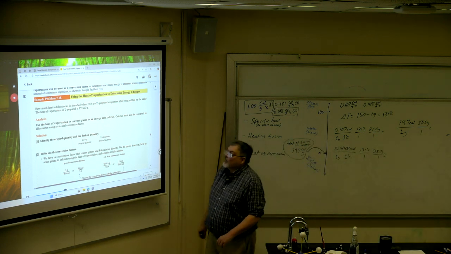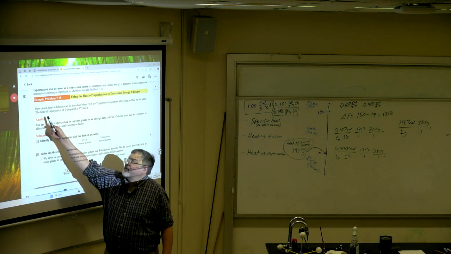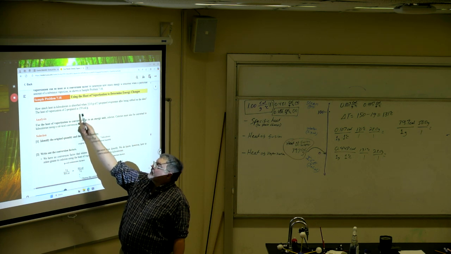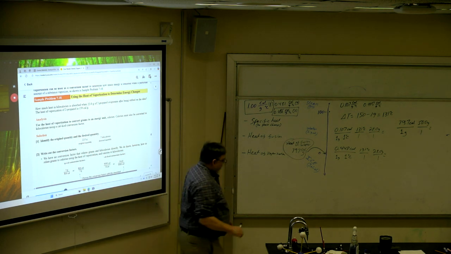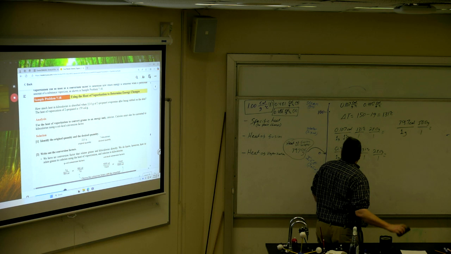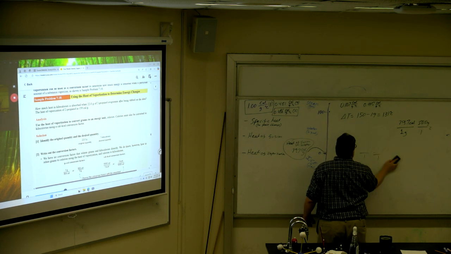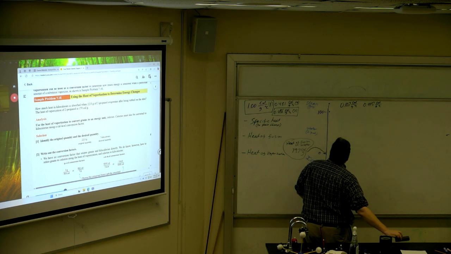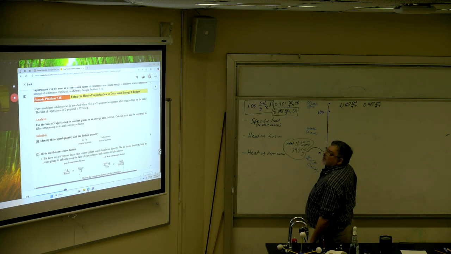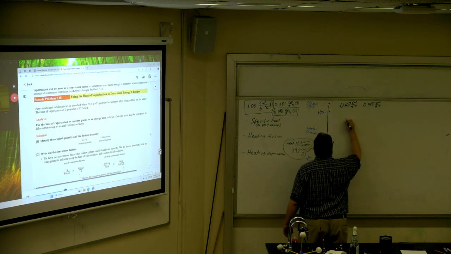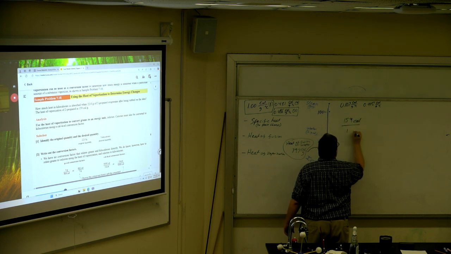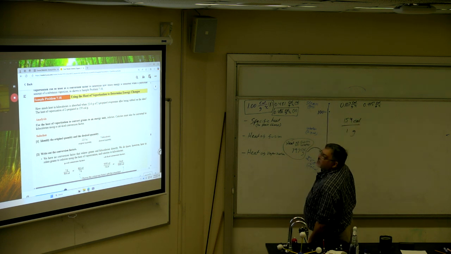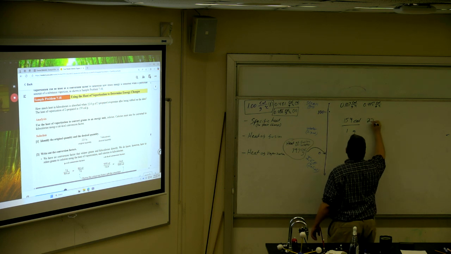So problem 7.18. Notice they tell you the heat of vaporization of 2-propanol is 159. Again, no delta T is involved. 159 calories per gram. And how many grams? 22.0.